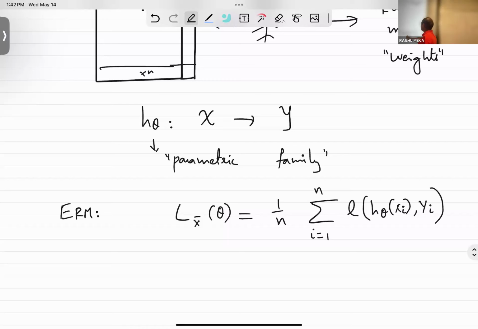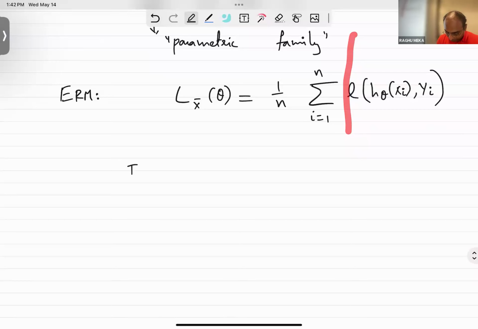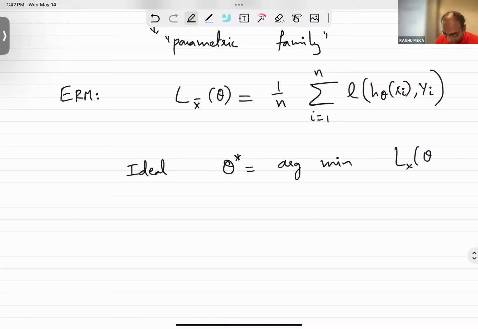So I make a prediction on xi, compare it to the label yi under some loss, and I'm trying to find the parameters which minimize this. So the ideal goal is to compute this argmin of the loss function.